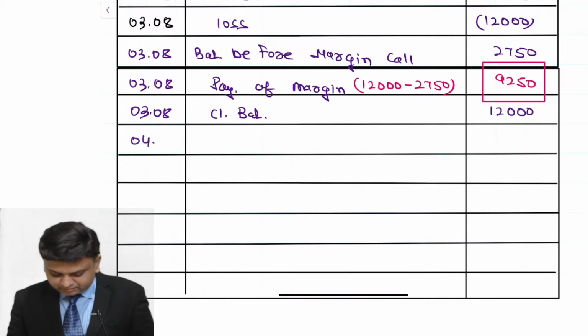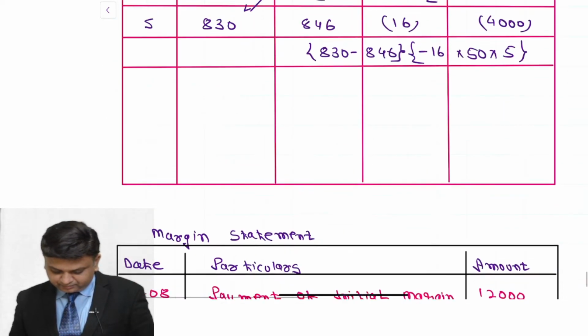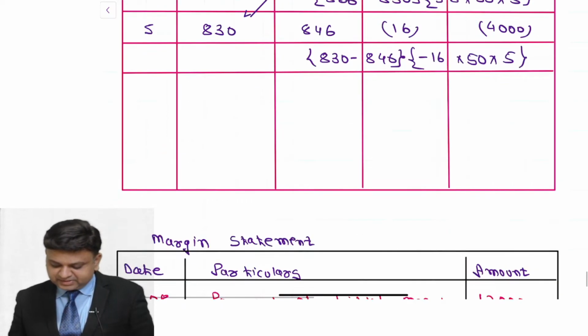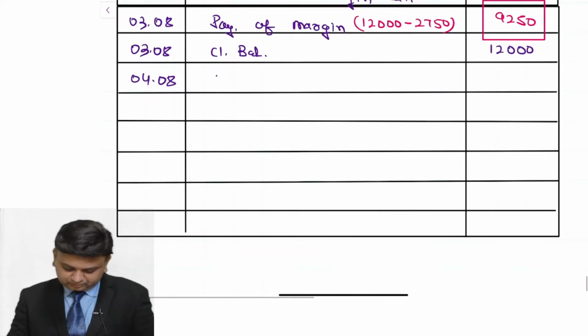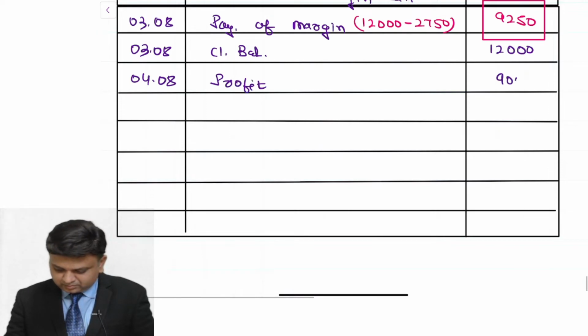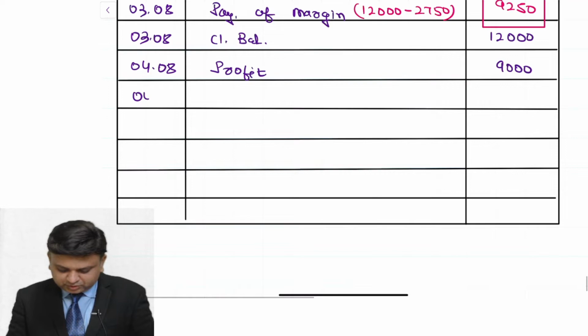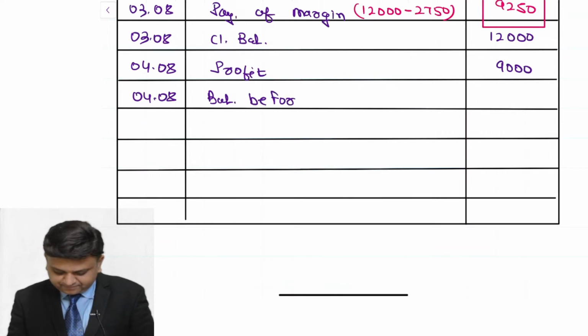On 4th, there is again a profit of rupees 9,000. So on 4th, balance before withdrawal is 21,000.